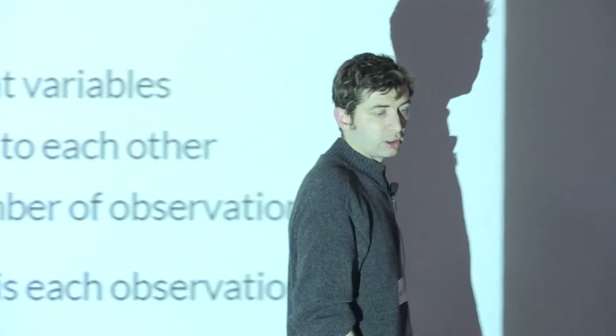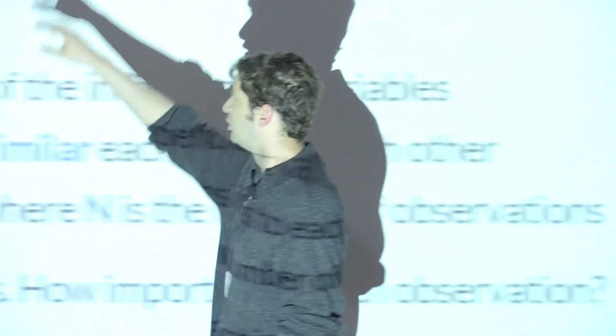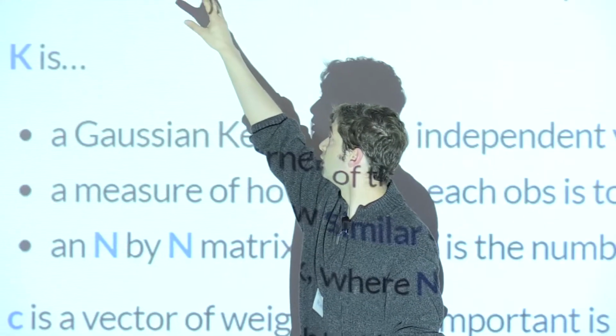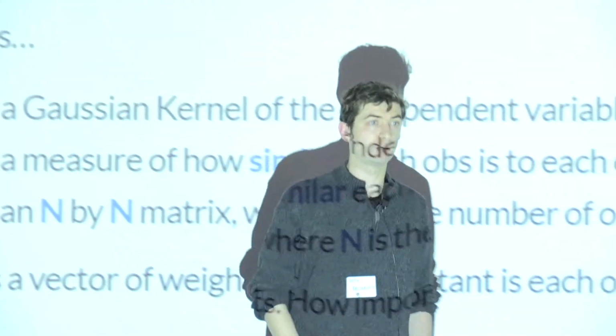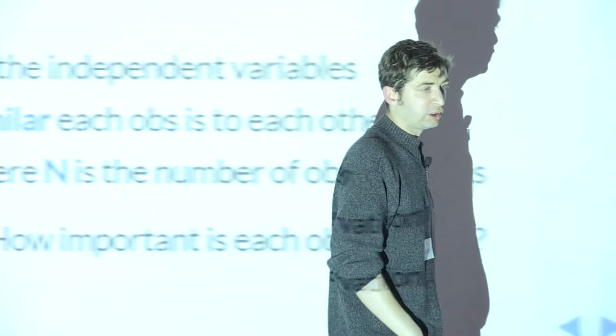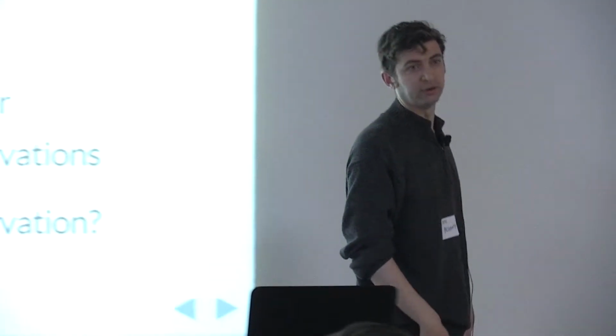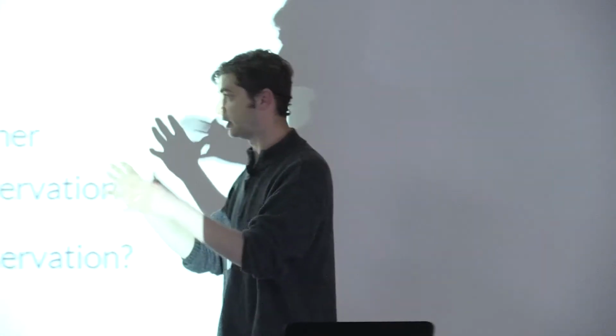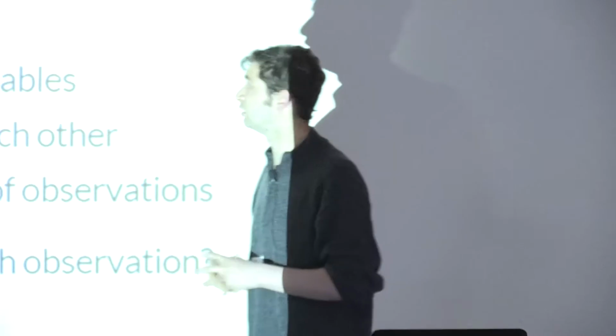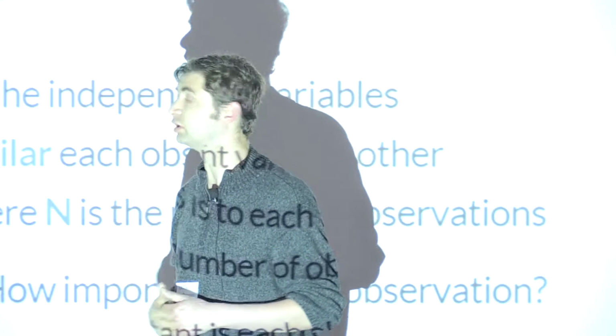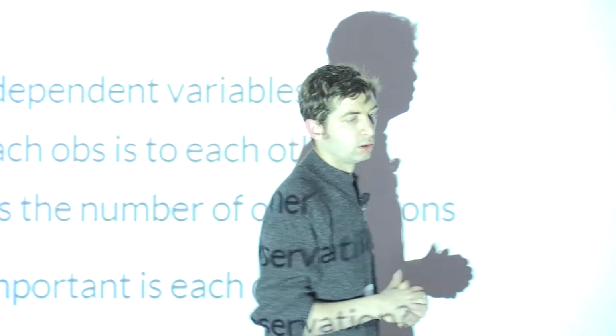The idea is that ultimately the kernel is going to tell us how similar each observation is to each other observation, and c is going to tell us how important each observation is. So if we have a lot of important observations that are really central to our data set, and they're very similar to each other, hopefully that's going to give us a nice clean prediction of the outcome y.